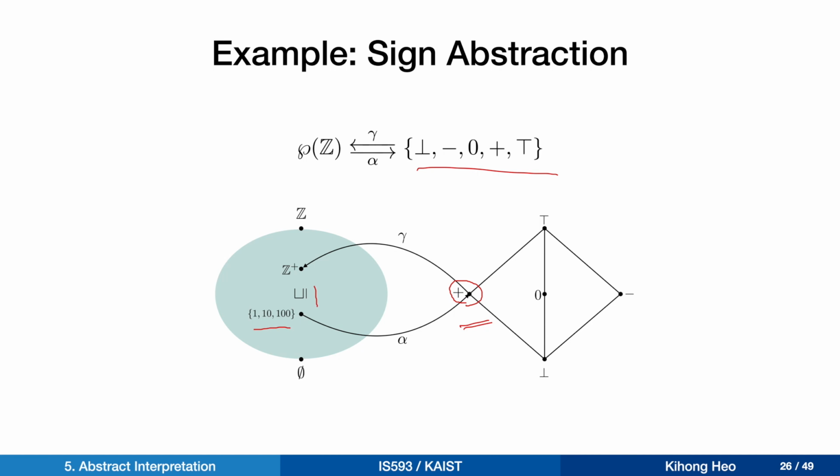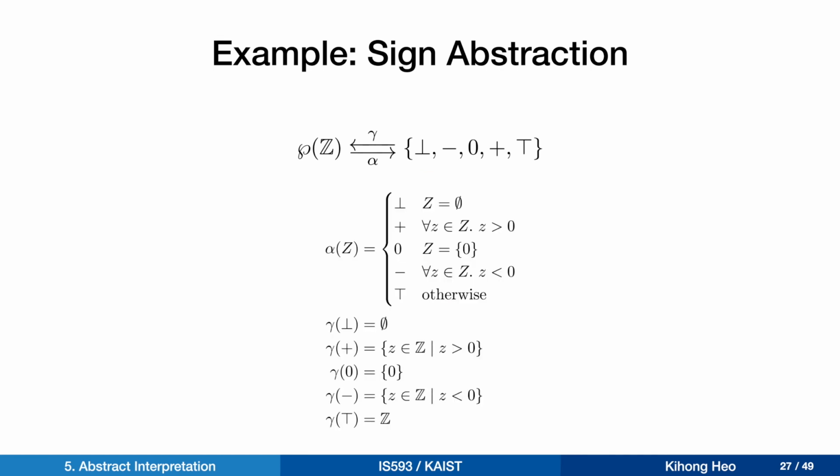It only contains the sign information. So after coming back from the abstract domain, it will have a very imprecise result. But notice that it is sound, which means that it is larger than the original input.